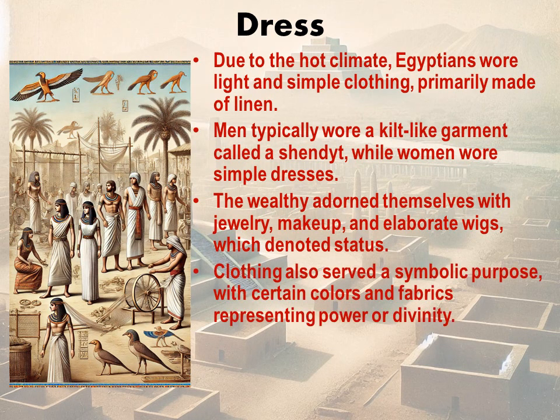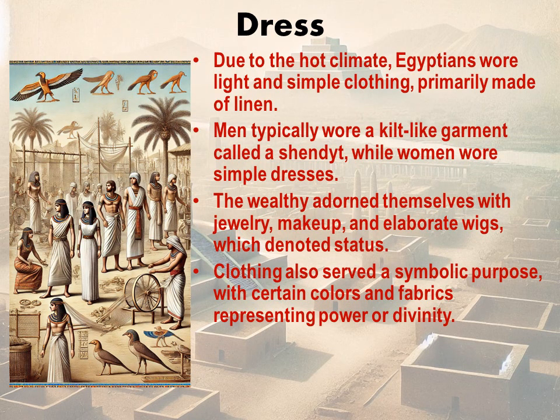Clothing also served a symbolic purpose, with certain colors and fabrics representing power or divinity. So, clothing had a symbolic purpose, and some colors of clothing were reserved for some people only.